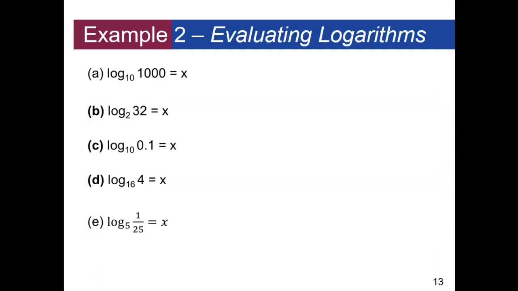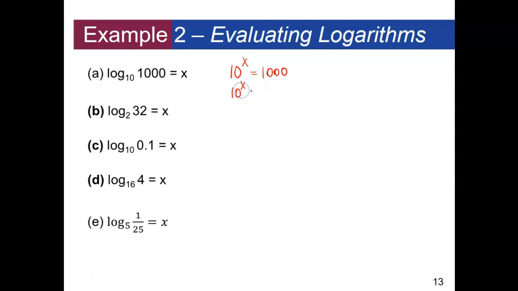Okay, we're going to use some of these to evaluate logarithms. One way of doing this is putting these in exponential form in order to evaluate them. So we start here with 10 to the x equals 1,000. I want to try to rewrite this number in terms of this base.